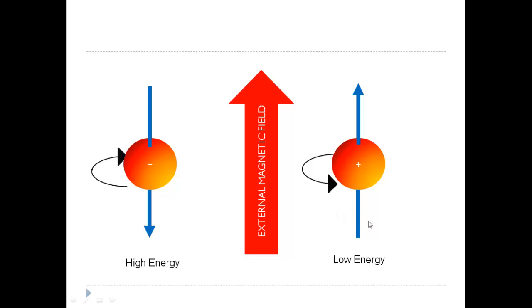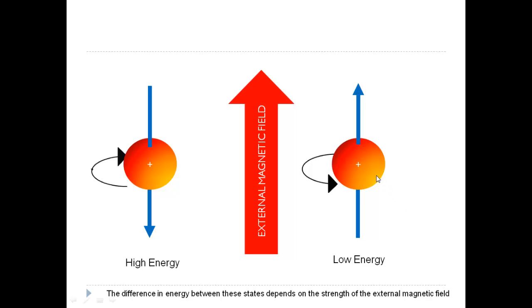However, because the nucleus can only exist in these two states, this change can only occur if we are able to give the nucleus that full amount of energy in one go. And one way to do that, as we know from our studies of atomic spectra, is to hit the nucleus with a photon.